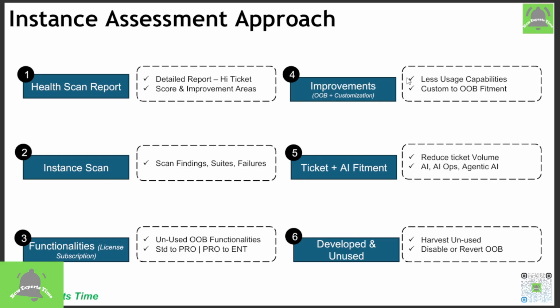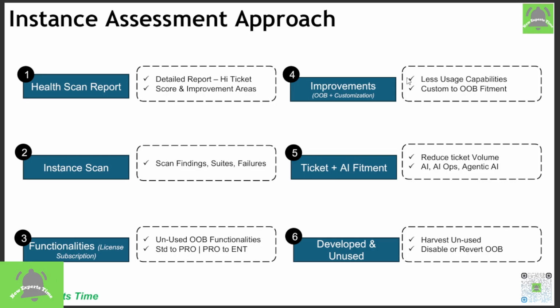When the run is completed, you open that item and you can check how many failures, how many suites have a problem, and how many checks it identified. Those types of information are available in the instance scan. How to do the instance scan? The only thing is you should have administrator rights. That's all. Then go to the Instance Security Center, use it to run the instance scan, and finally identify the problems and improvement areas. That is the second point.